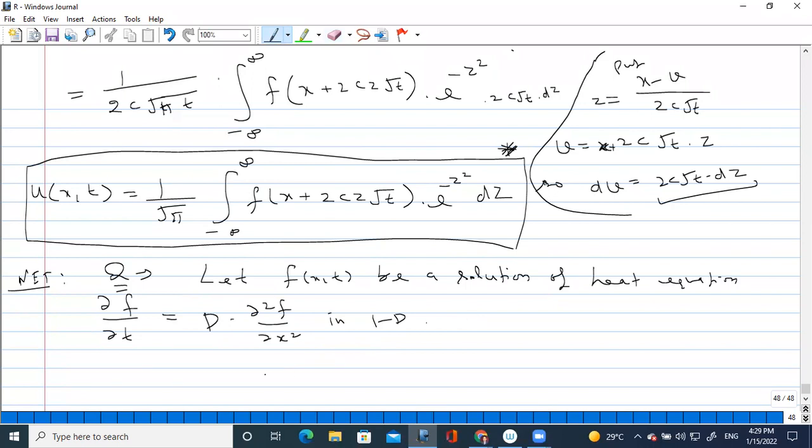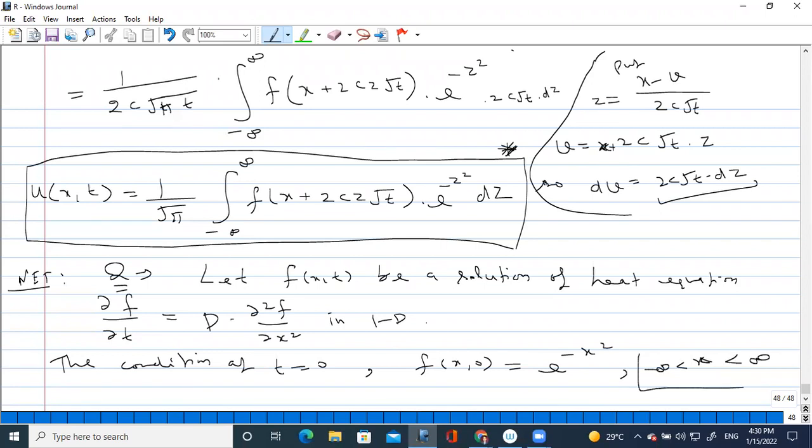The condition at t equal to 0, they have given f(x,0). There it was u(x,0), here it is f(x,0), so no problem in that. They have given e to the power minus x square, where x is in between minus infinity to infinity.